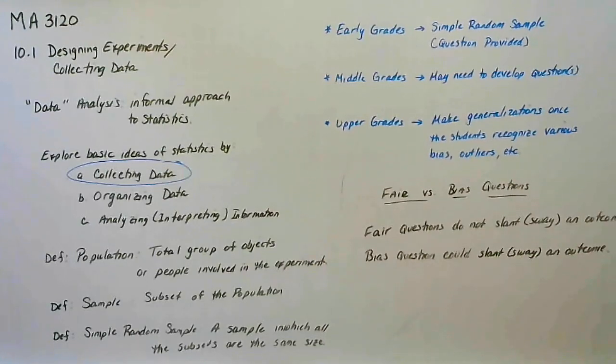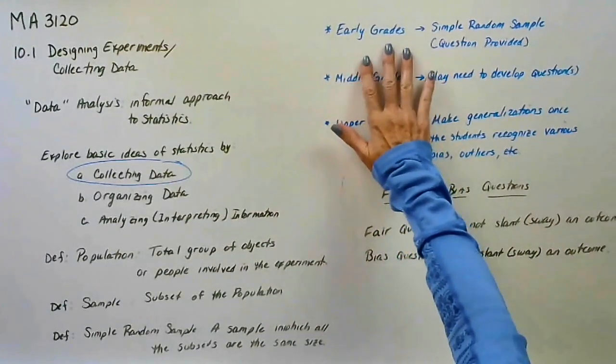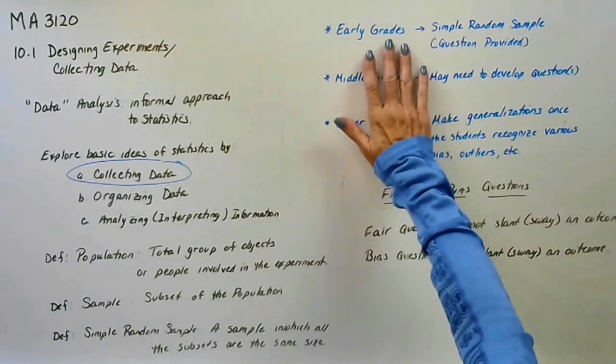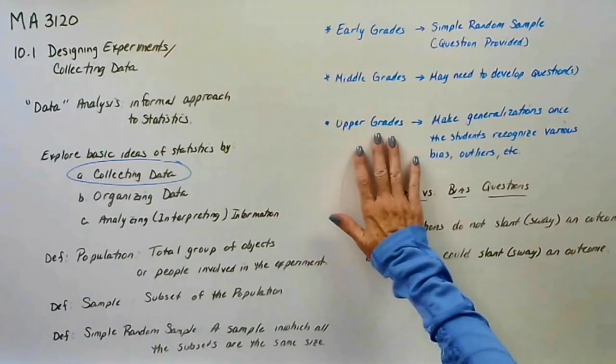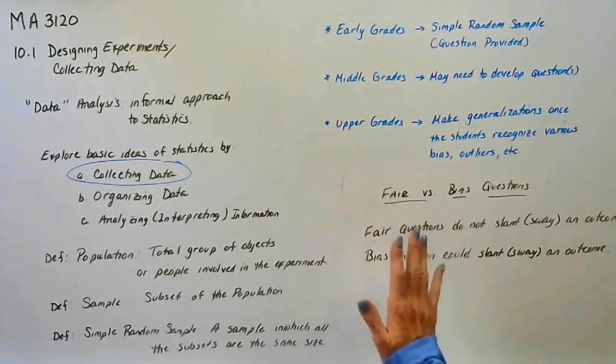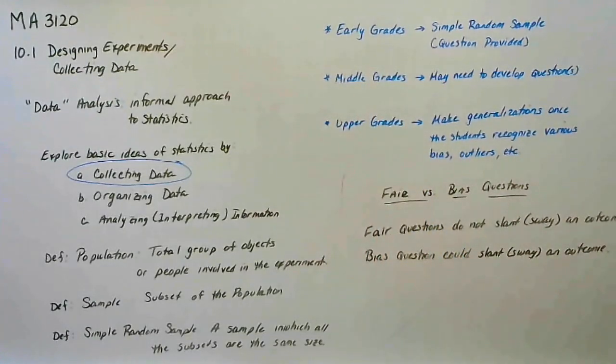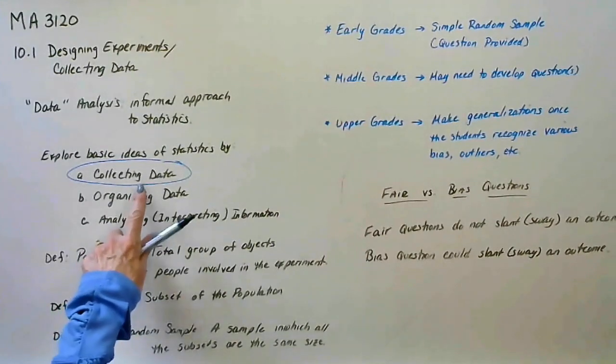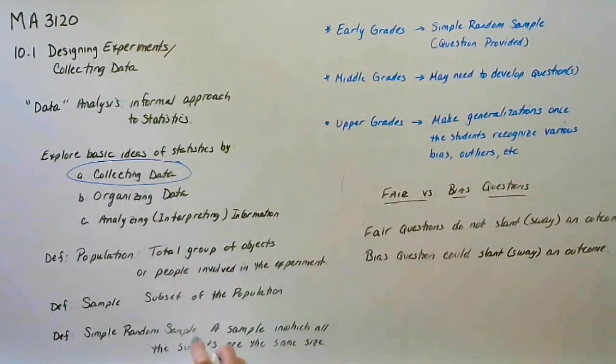All right, let's walk through how we can take the same idea, but walk through different levels depending on age and experience. So again, we're just looking at collecting. We'll do the others later.